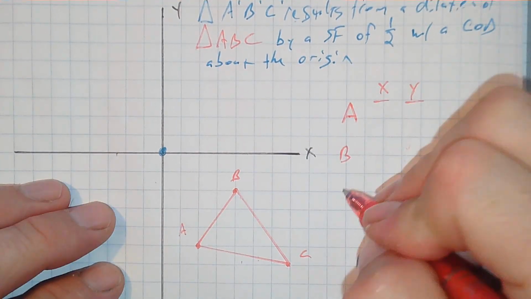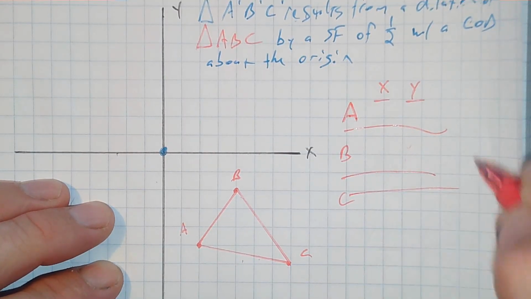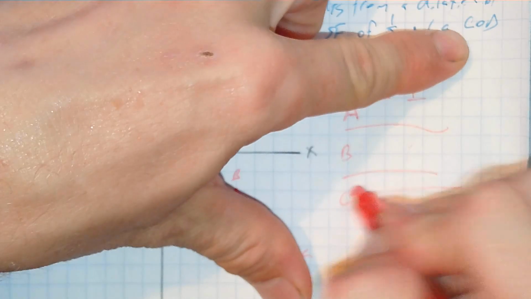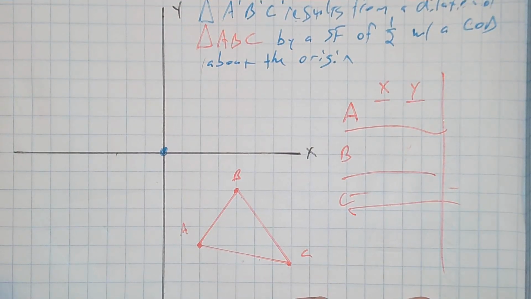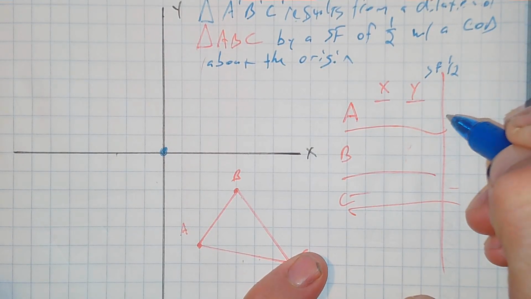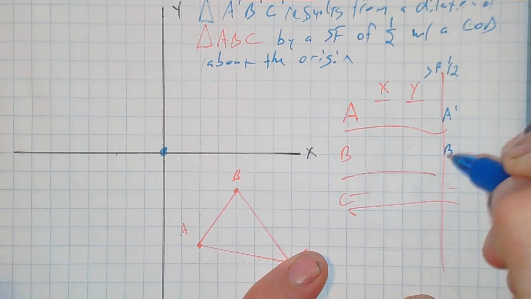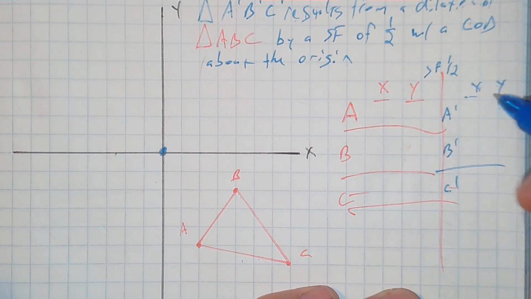And we're going to look at C in the X and the Y direction. My 3 points. Okay, and then I'm going to apply a scale factor of 1/2 to get A prime, B prime, and C prime, and their respective X and Y's. All right, so let's have at this.